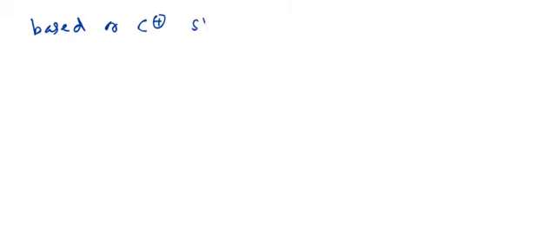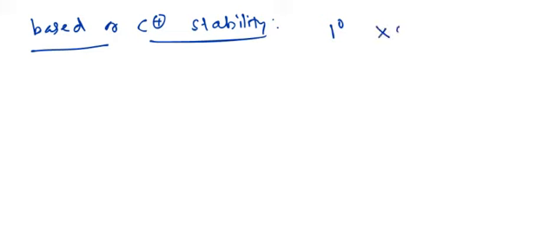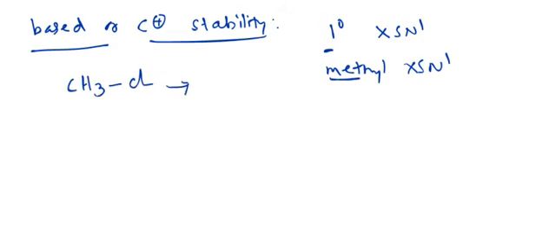Next, based on carbocation stability. For SN1 the barrier is carbocation stability. For primary there are very few chances for SN1. Next, methyl also will not give SN1, because primary and methyl carbocations are highly unstable. Here the carbocation formed would be CH3 plus, which is highly unstable, so it will not give SN1.